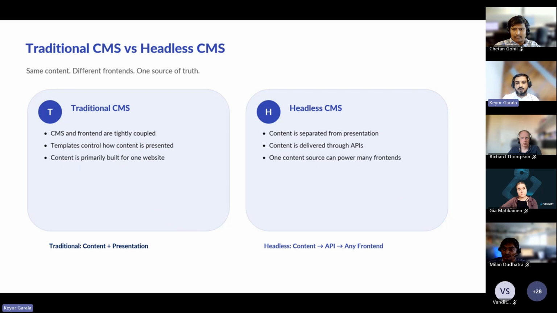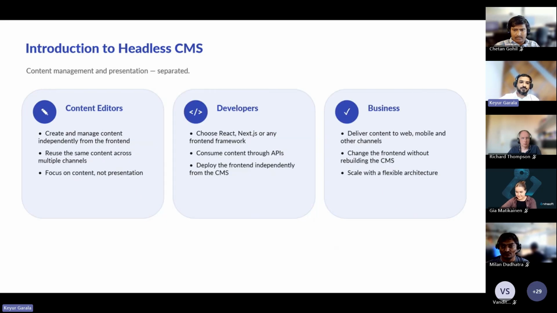In headless, you are free to select any technology, so your front end and back end are not tightly bound. You can consume an API from your backend and create your front end in any front end technology. This is the simple difference between traditional CMS and headless.